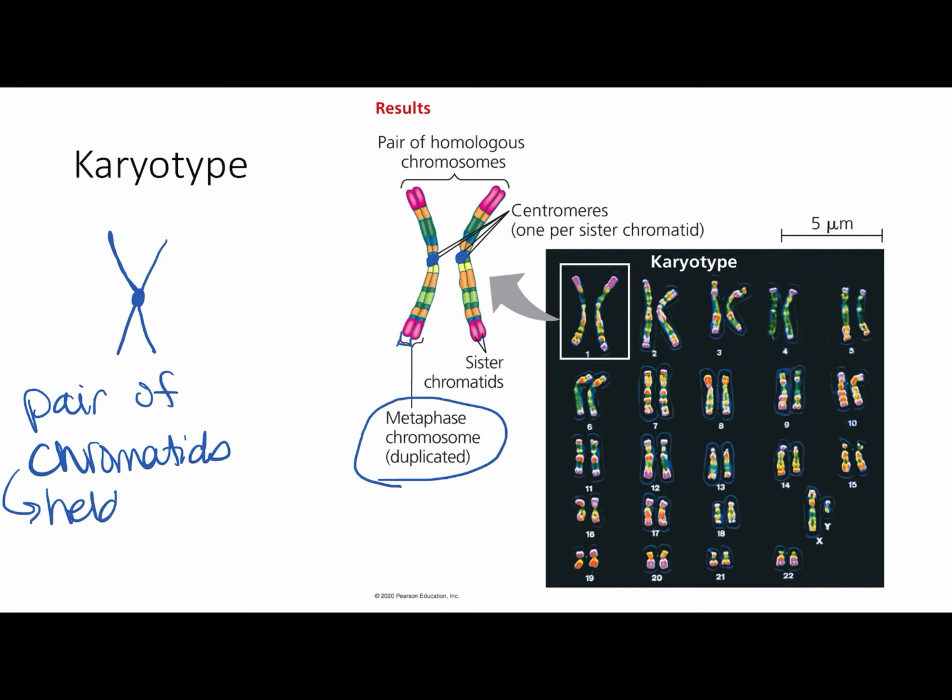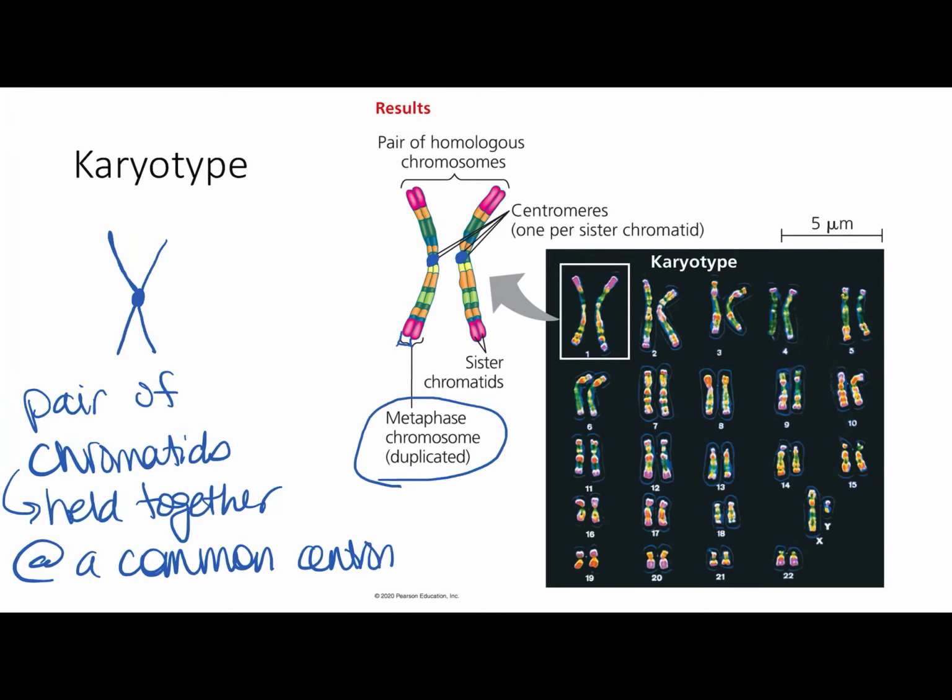And the chromatids are held together at a common centromere. And so remember our axiom earlier, we count chromosomes by counting centromeres, okay?